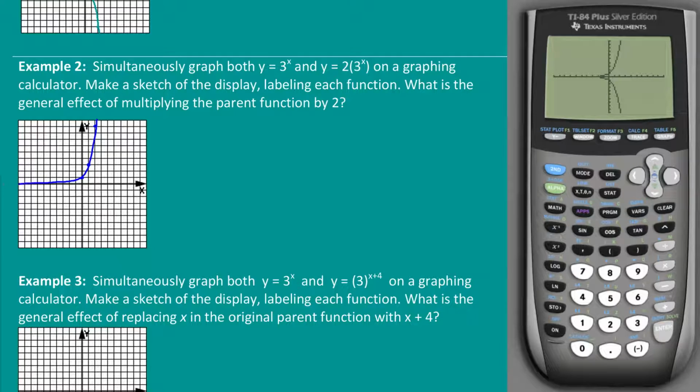It's closer and closer and closer to the axis. And then y equals 2 times 3 to the x.